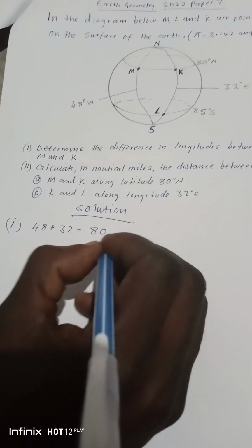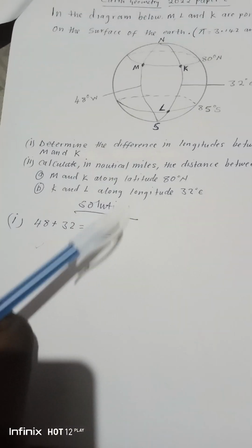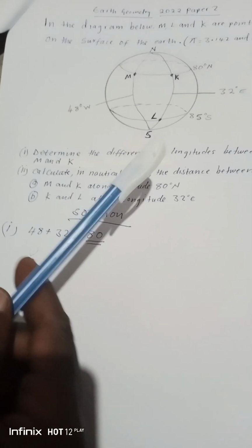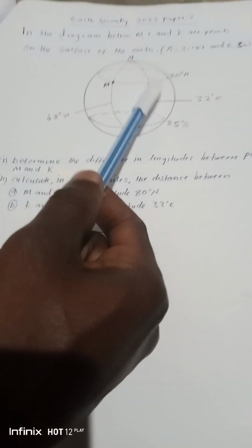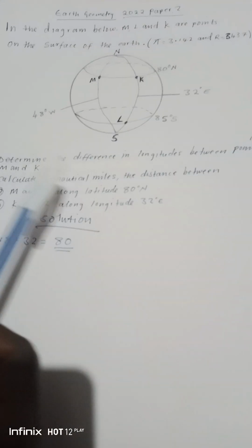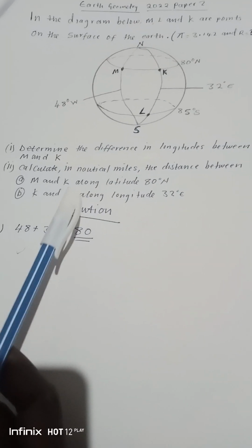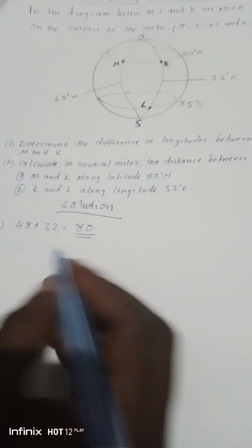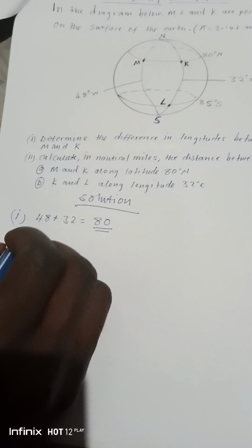So this 80 is our difference in degrees between M and K. According to the way they've asked this question, that one is done. So quickly we go to question number 2.